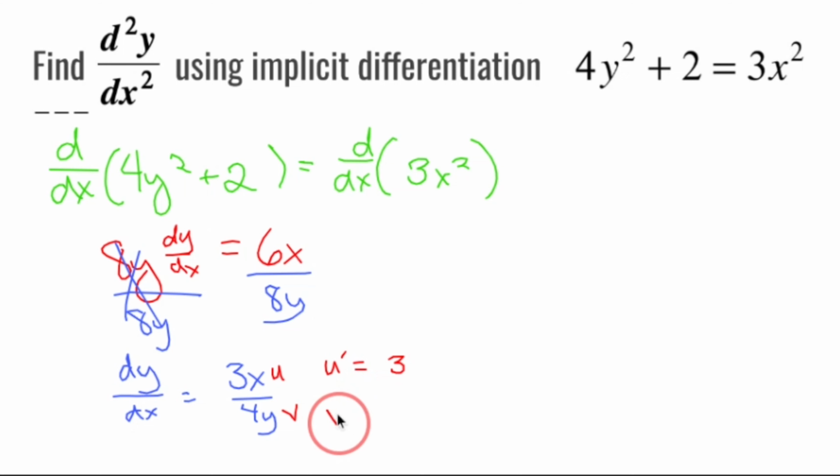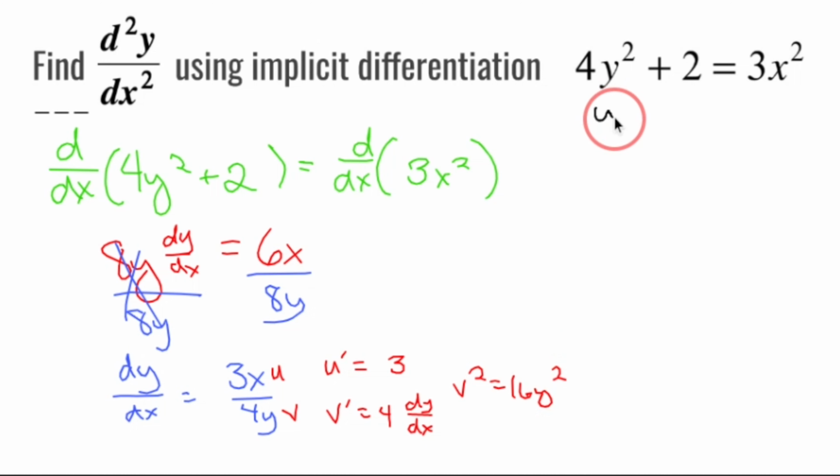I need to find v prime, which is going to be 4 dy dx. And I need to find what v squared is, which is 16y squared. So the quotient rule, if you forgot, is u prime v minus v prime u all over v squared.